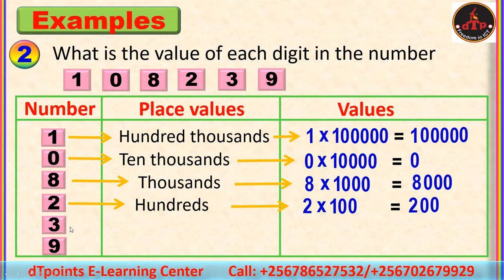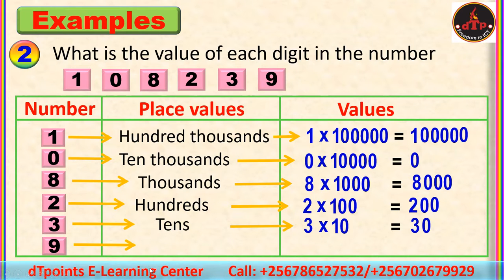We can continue to digit 3 to give the place value. The place value of digit 3 is tens. And then we can proceed and say 3 times 10, which is equal to 30. And then we can go and talk about the last place value, which is ones.